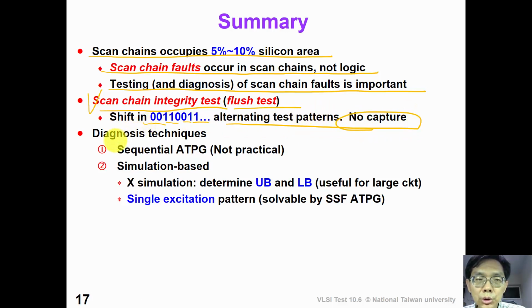We introduce 2 types of diagnosis technique in this video. First one is sequential ATPG, which is not practical for large circuits. The second type is X simulation. We can determine lower bound and upper bound using logic simulation. We can use ATPG to generate single excitation pattern so that we can diagnose some of the scan cells.